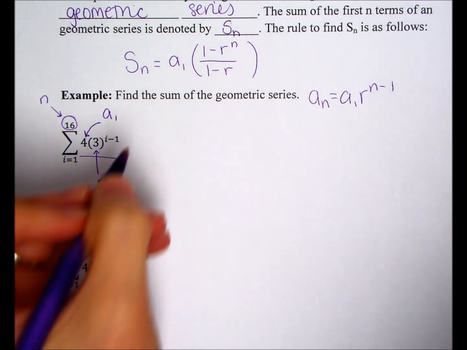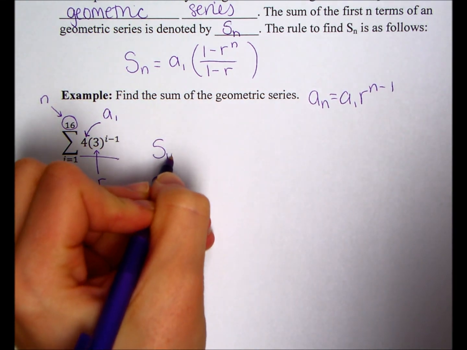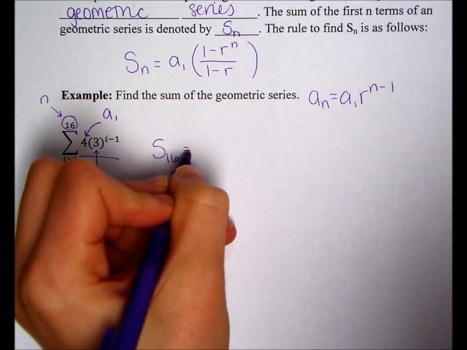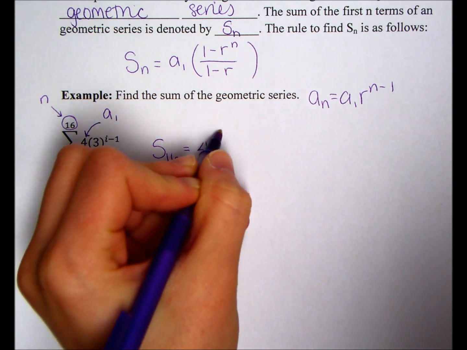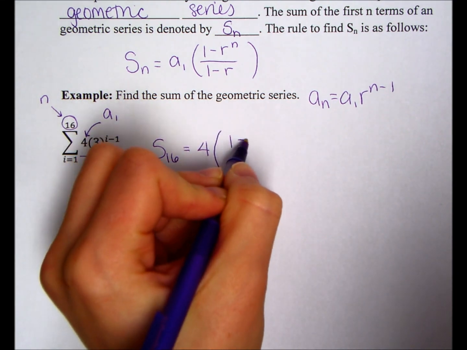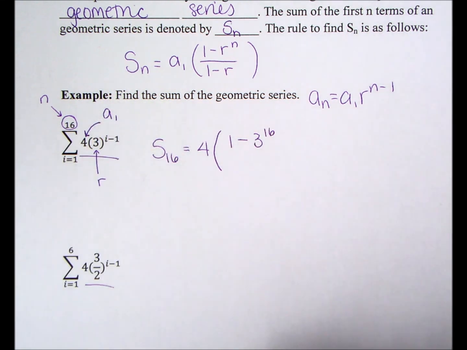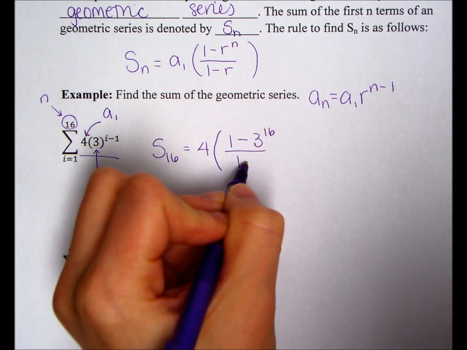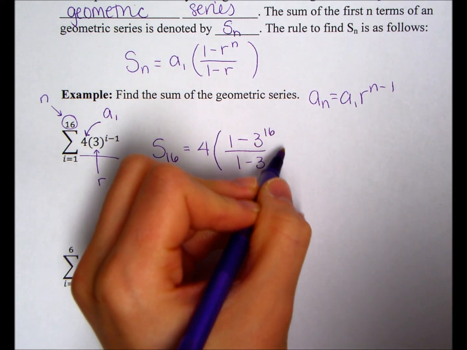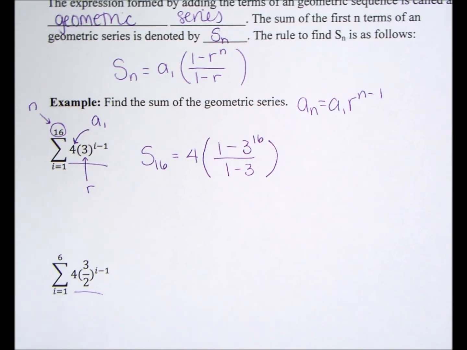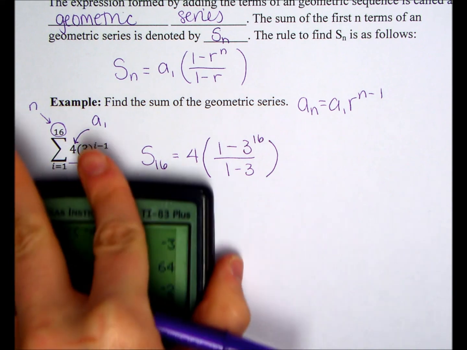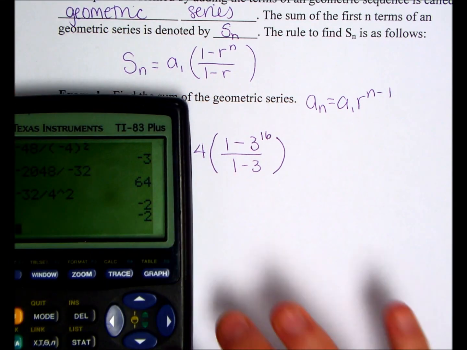So we're going to say the sum of these 16 terms is equal to the first term times 1 minus the rate to the n, so it's the 16th power in this case, over 1 minus the rate. We are going to get an interesting number here. I like to do each piece step by step.